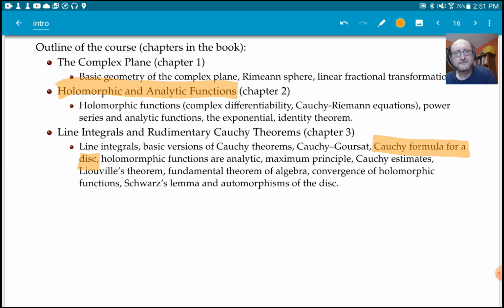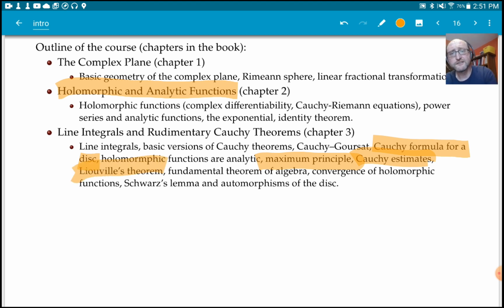Then we can go through some of the basic results that follow from all this. We're going to get the maximum principle, that the modulus of holomorphic functions cannot achieve a maximum in the interior. We're going to get estimates on the size of the derivatives in terms of how far the function is still holomorphic.